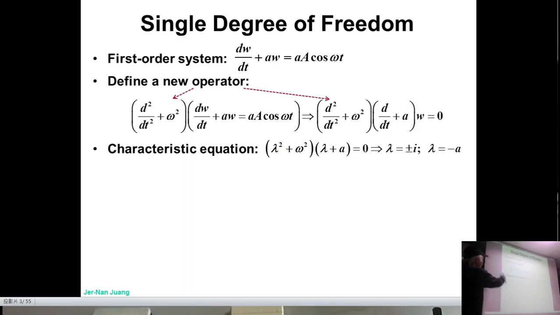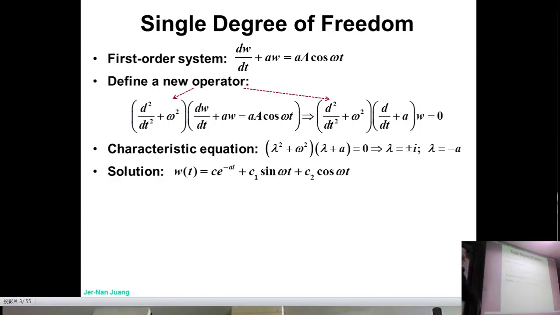So we have 3 roots. One is minus a, one is plus minus i. So obviously minus a is from the system itself. Plus or minus i is from the cosine omega t. That's from your forcing function.